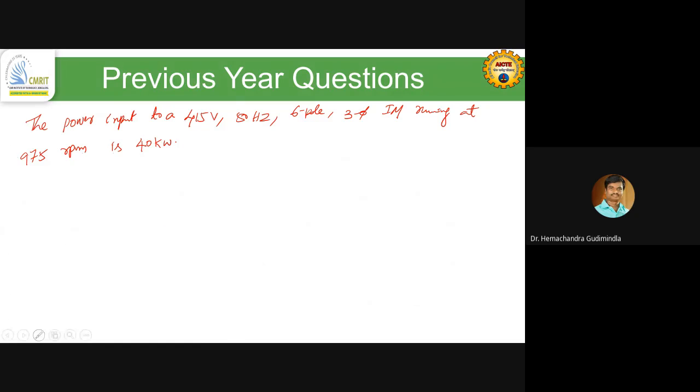The stator losses are 1 kilowatt and friction and windage losses are 2 kilowatt.